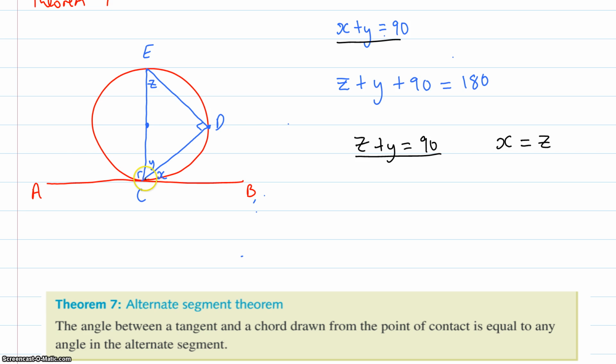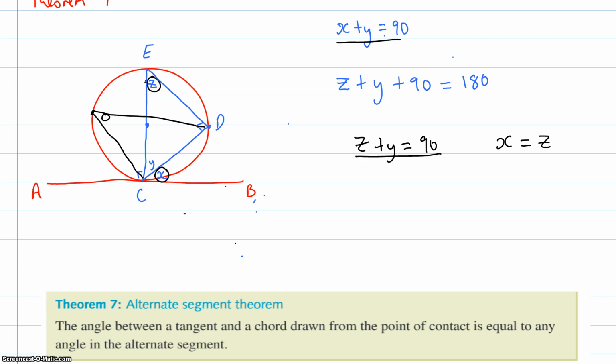Now I know I drew straight up here because I thought that was the easiest one to see, but it's actually true for any other point in this alternate segment anywhere. So if I put this line here and I drew this triangle there, that would also be true as well, because if you remember that this angle here is the same as this angle here, from, I think, Theorem 2, that means that this angle here is the same as this angle here, which is the same as that angle there.